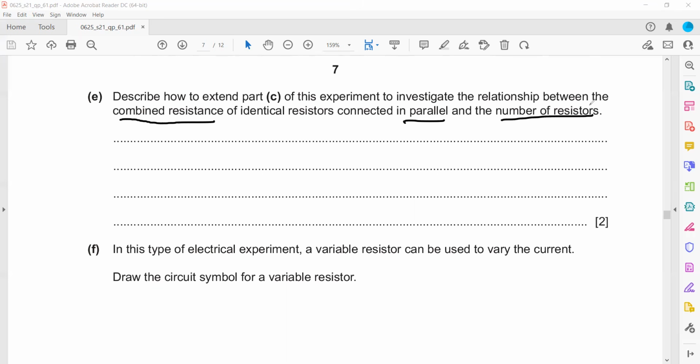What is the relation between them? So how can she investigate that, because she did it only once. So she should repeat the experiment with a different number of resistors, increasing the number of resistors in parallel.